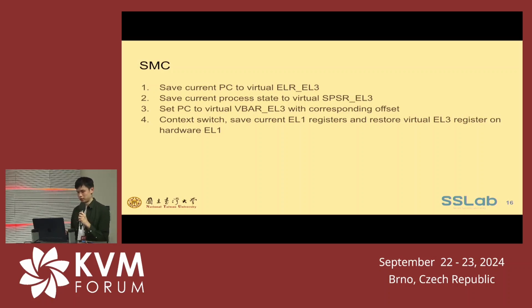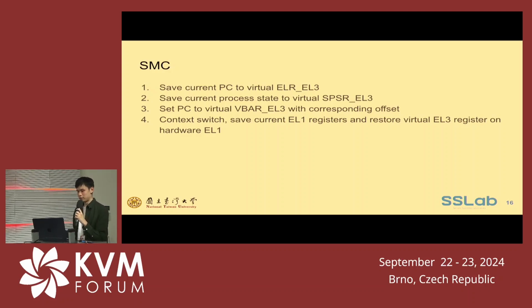Let's start with the emulation of SMC. When the SMC instruction is trapped to KVM, we first set the current program counter to the virtual ELR_EL3. This ensures that we can return to the correct address when the exception handling is complete. Next, we set the current process state to the virtual SPSR_EL3.